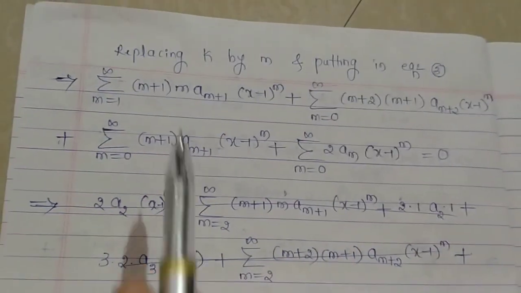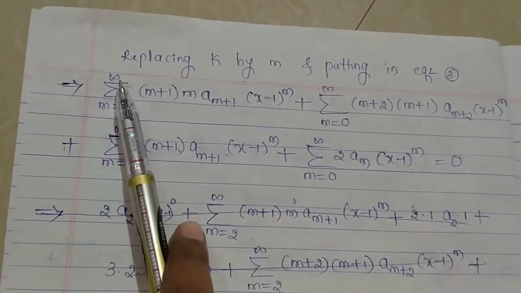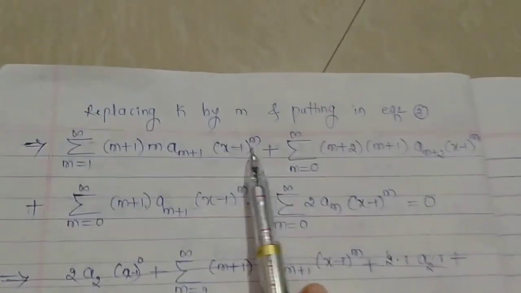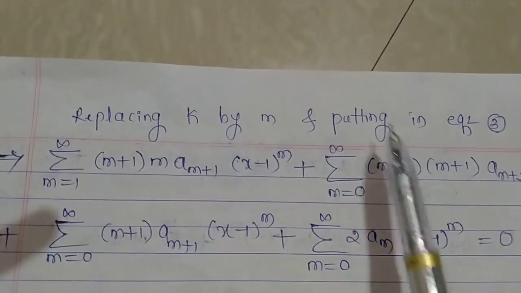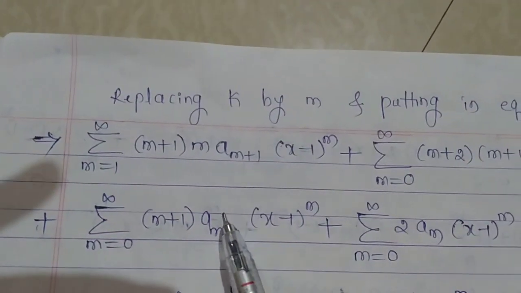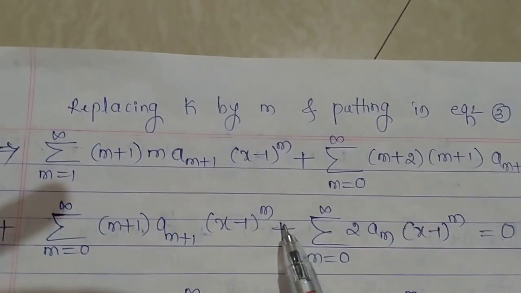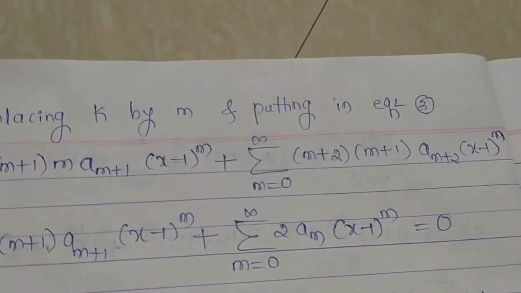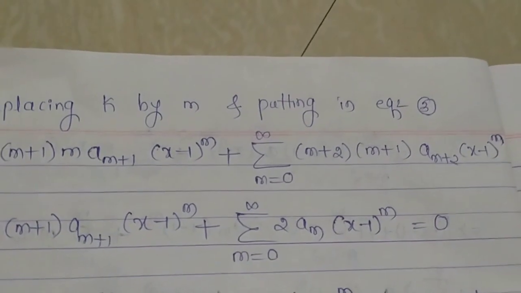So equation 3 becomes: summation m = 1 to infinity (m + 1) m a_(m+1) (x − 1) to the power m, plus summation m = 0 to infinity (m + 2)(m + 1) a_(m+2) (x − 1) to the power m, and summation m = 0 to infinity (m + 1) a_(m+1) (x − 1) to the power m, plus summation m = 0 to infinity 2 a_m (x − 1) to the power m, is equal to 0.